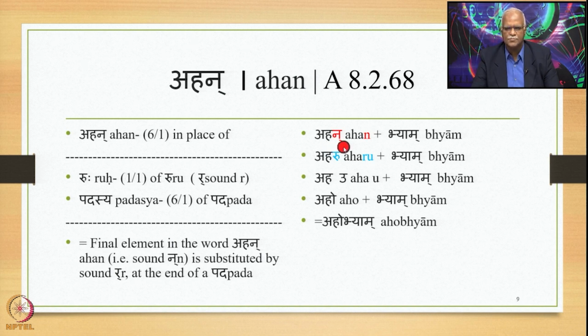So this N is substituted by Ru, and then this Ru is further substituted by U. So we have Aha U Bhyam, and then this A and this U, there is Guna Sandhi that replaces both these vowels. So we have Aho plus Bhyam, and so we get Aho Bhyam.